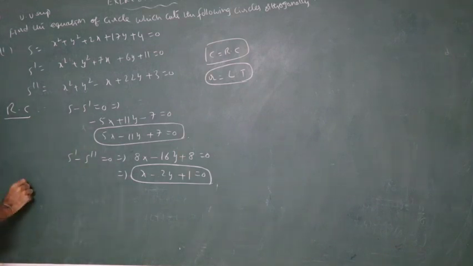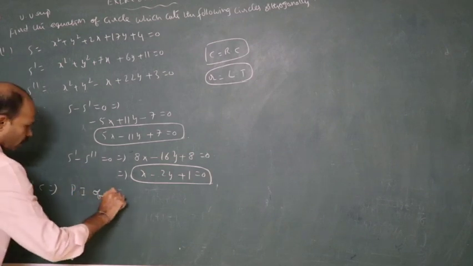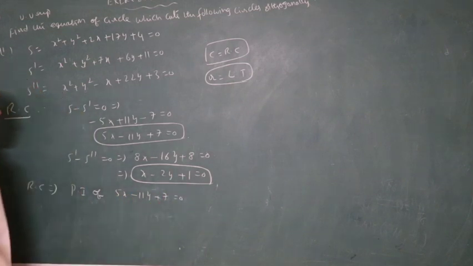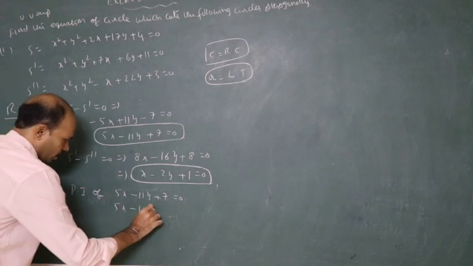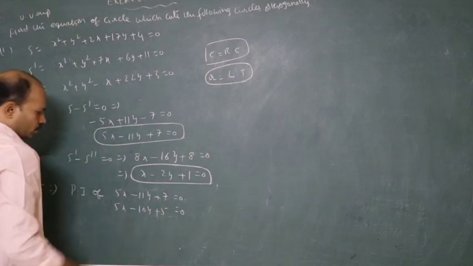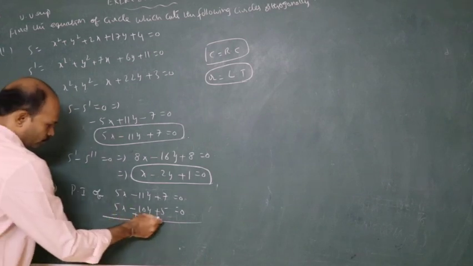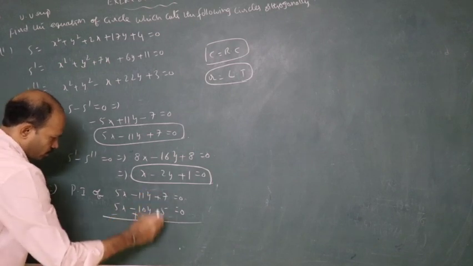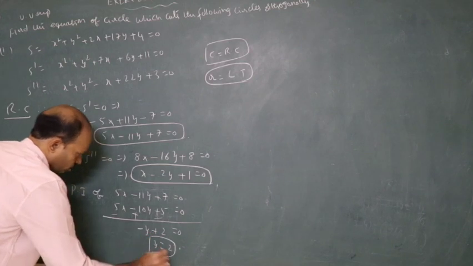Radical center implies the point of intersection of 5x minus 11y plus 7 and x minus 2y plus 1. Multiply this by 5: 5x minus 10y plus 5 is equal to 0. Subtract: minus 11 plus 10 minus y, 7 minus 5, 2. Therefore, y is equal to 2.